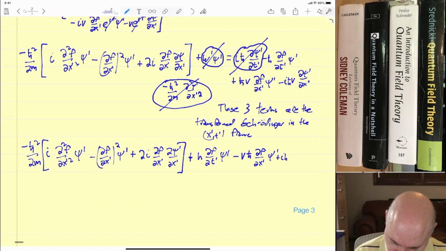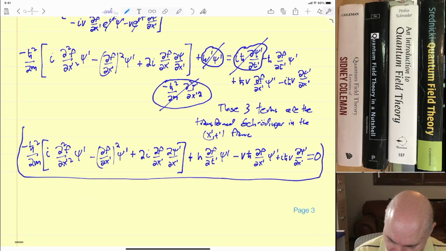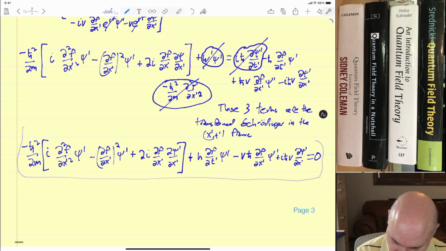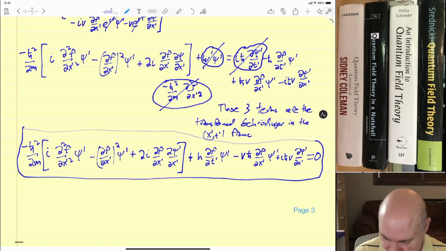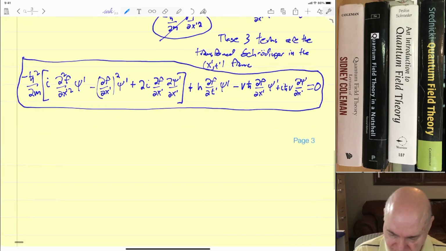And I have plus i h bar v partial psi prime with respect to x prime. This equals 0. So this is our resulting equation that we need to solve. And it looks like a mess, but as I said, it will turn out to be easier than we think.